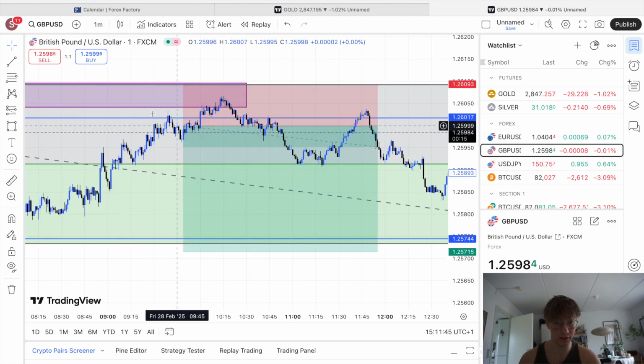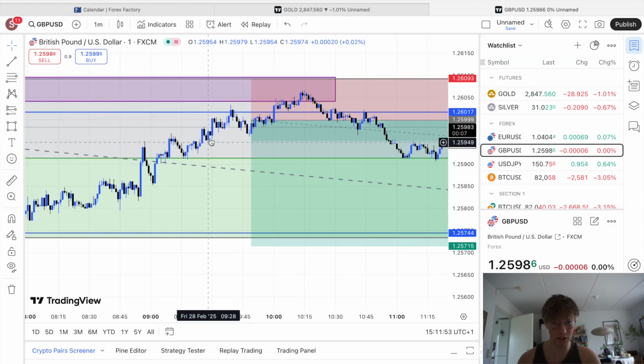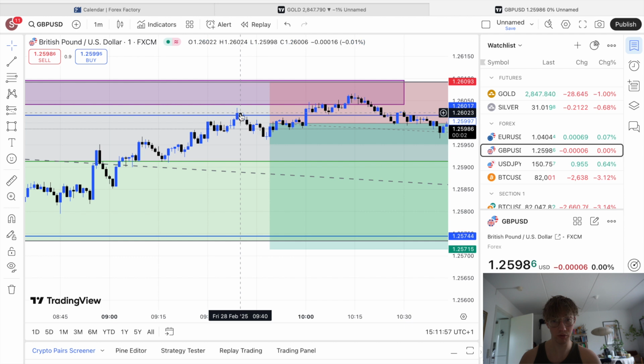So when we look at this, sweep liquidity, break of structure off of this, and let me show you here. So sweep liquidity, and then break of structure happens here. We have a lower high and a lower low.